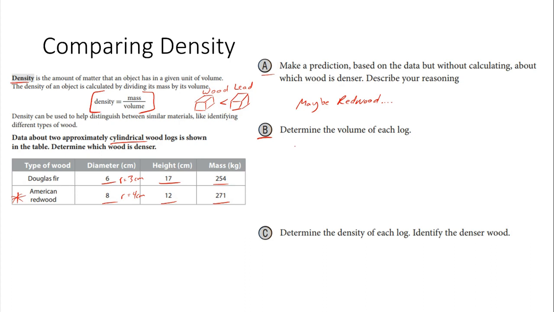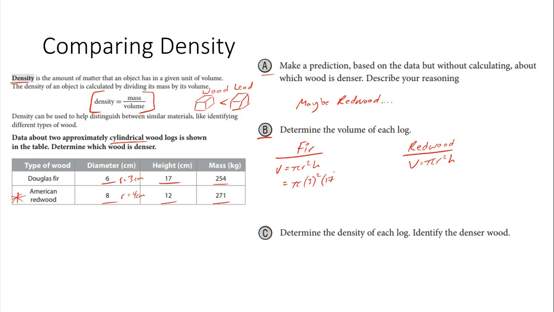And now let's find the volume. So we got our fur, and again, our volume equation for a cylinder is this. And we'll use the same formula for the redwood. Very nice. Except our fur has a radius of 3 and a height of 17.